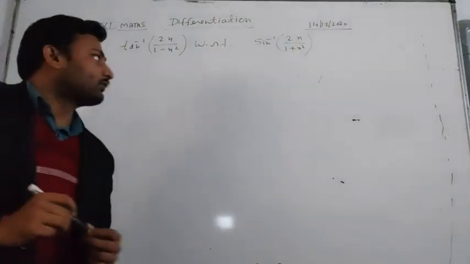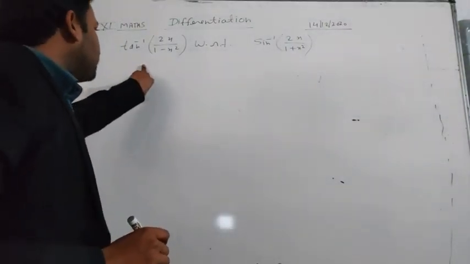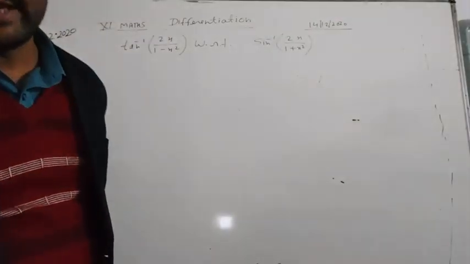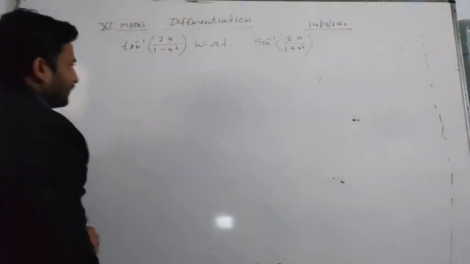Okay, so we have to differentiate this tan inverse 2x upon 1 minus x square with respect to sin inverse 2x upon 1 plus x square.